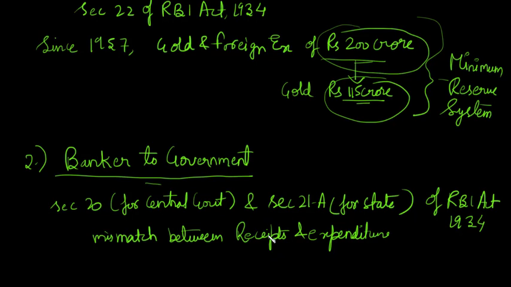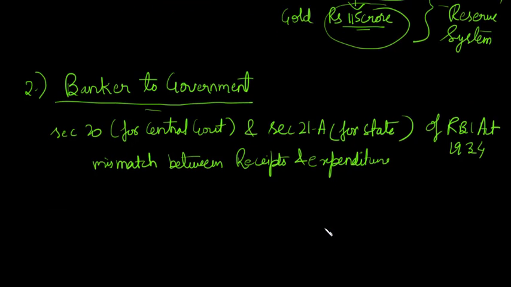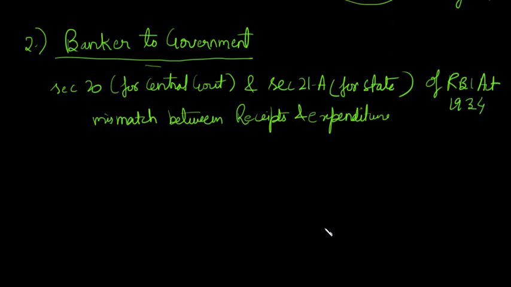whenever there is a mismatch between income and expenditure, then RBI provides the necessary cash flow to both state and central government. It is just a simple concept, like when our expenditure exceeds our income, then some of the time we face some problem and we need money from our friends, from our parents.